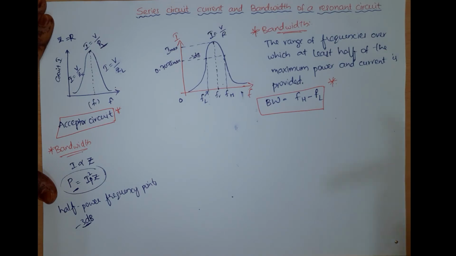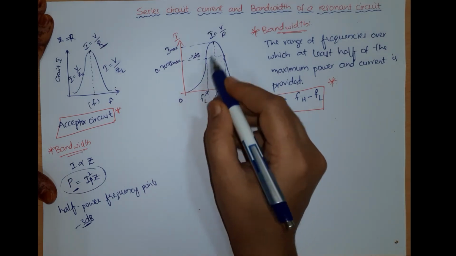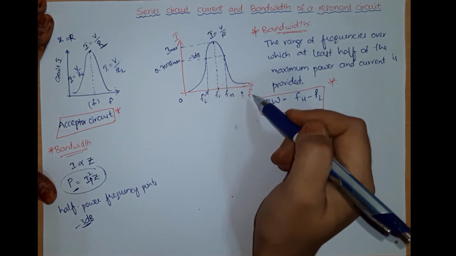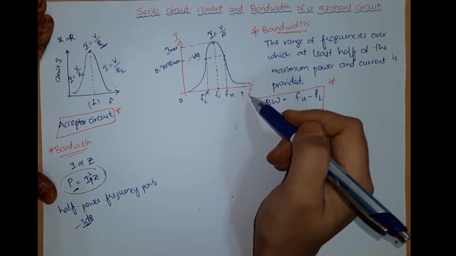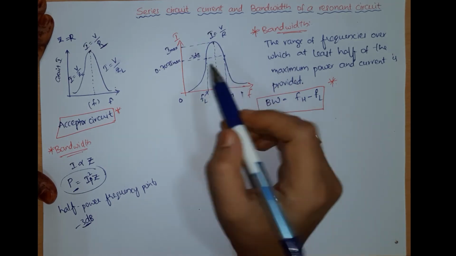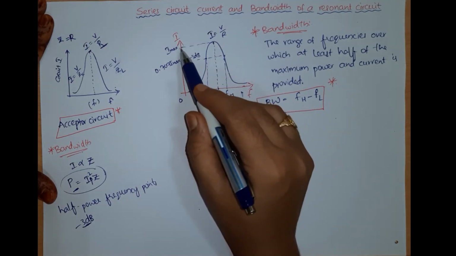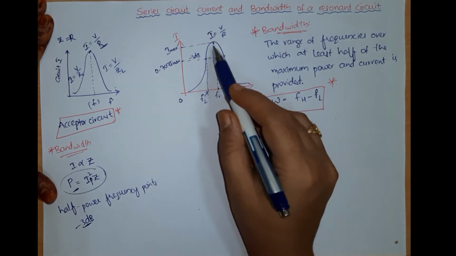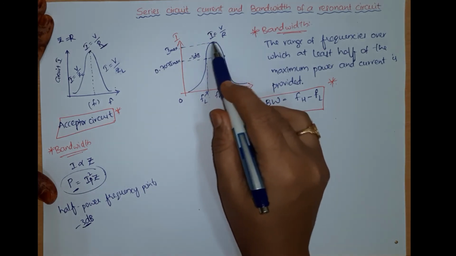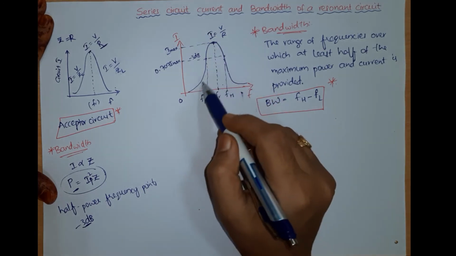Now, this is the frequency response, which is the response of the system for different frequencies, right? The frequency response of the circuit's current magnitude shows the sharpness of the resonance in a series resonant circuit, how sharp it is.